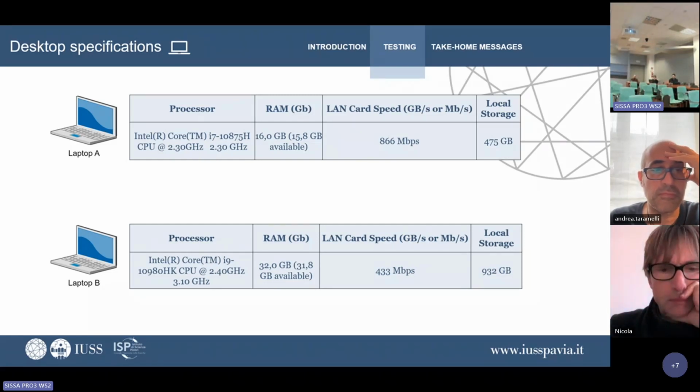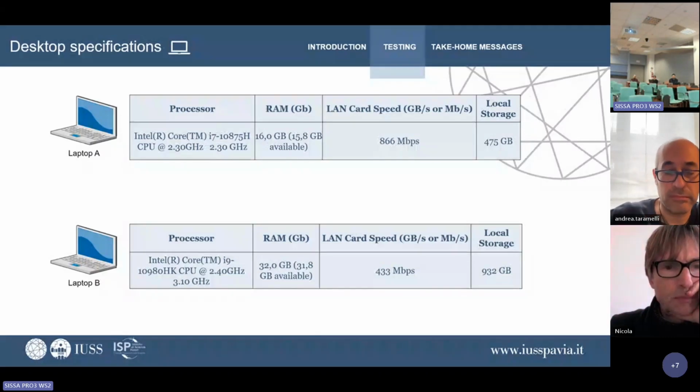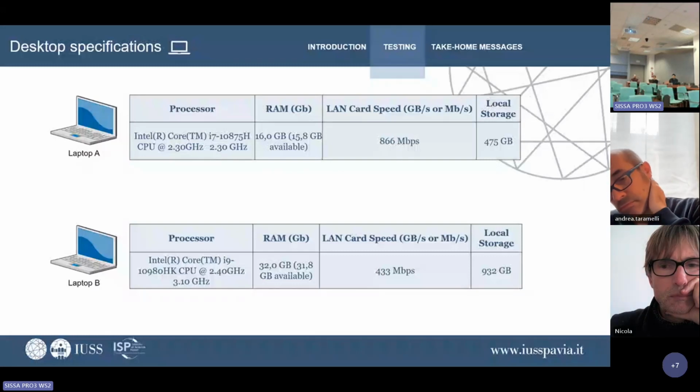And laptop B, the higher performance machine, has an Intel Core i9 at 3.5 GHz, 32 GB of RAM, and almost 1 TB of local storage.